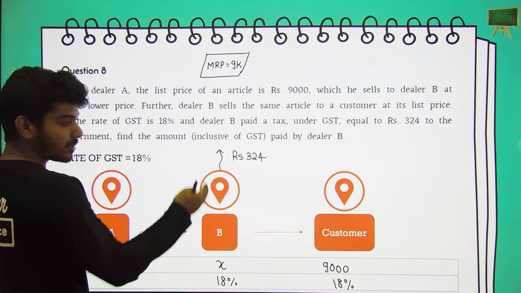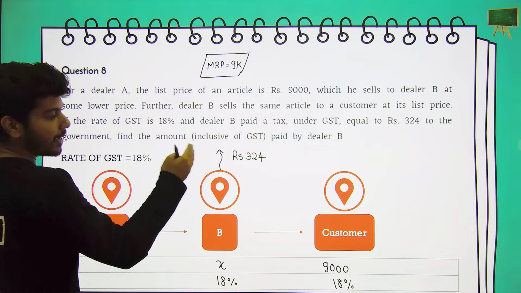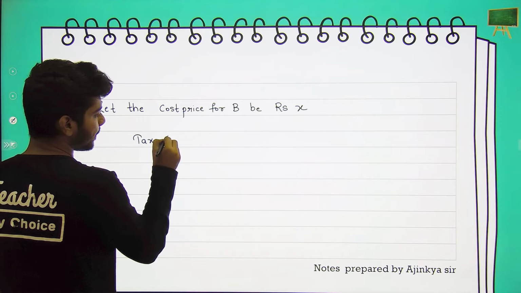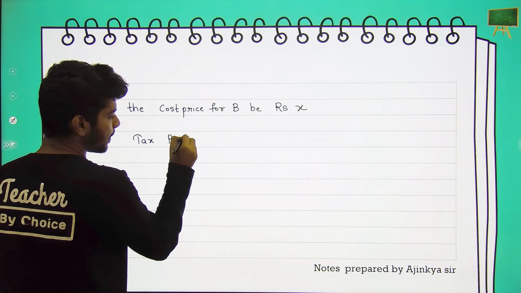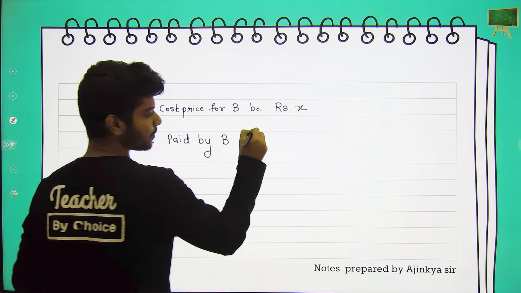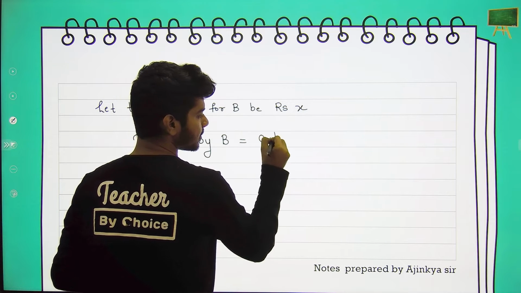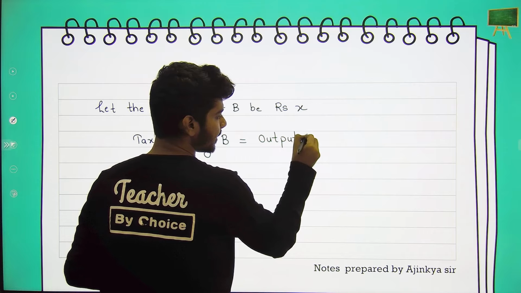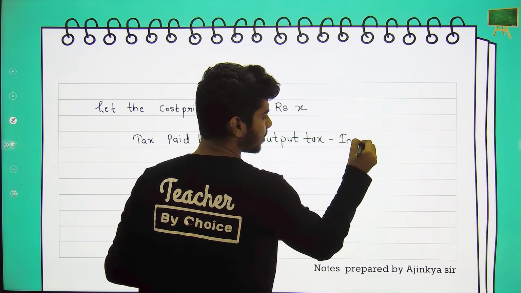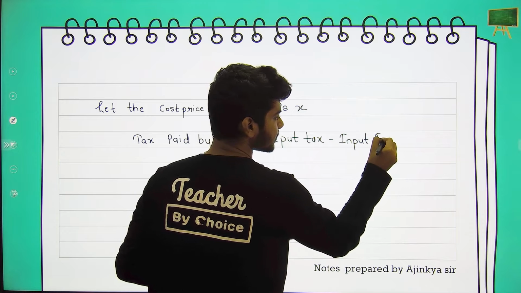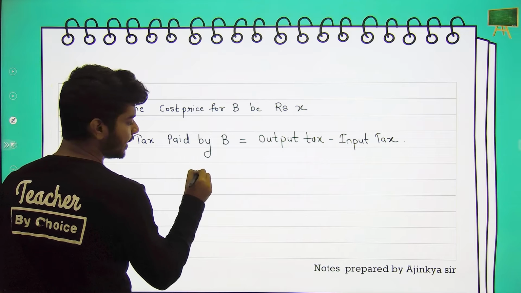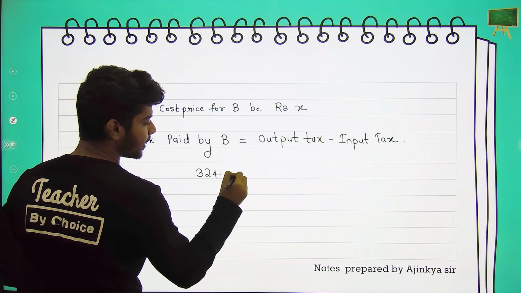The tax paid by B will be equal to output tax minus input tax. Now, the tax paid by B is 324. They have already given it.